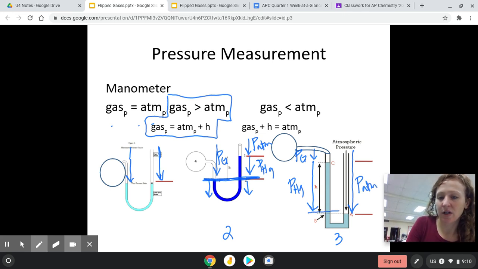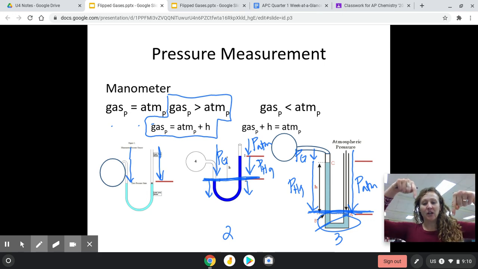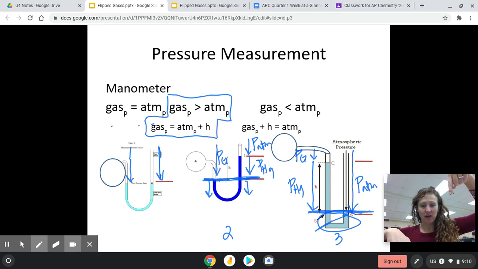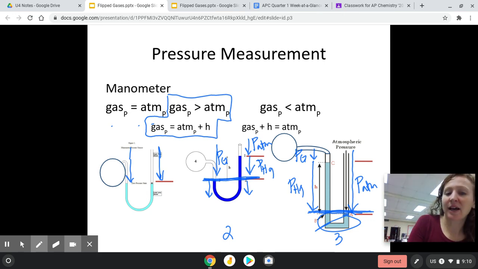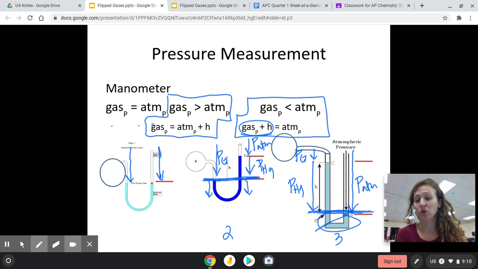Again, we're going to draw a line here where the mercury levels are the same and just ignore everything under that line. So in this case, the pressure of the atmosphere is greater. So the gas and the height of the tube together is equal to the atmosphere. The pressure of the atmosphere is greater.